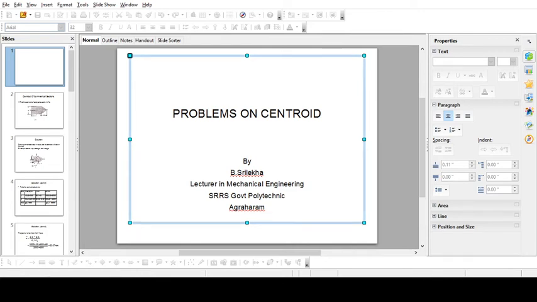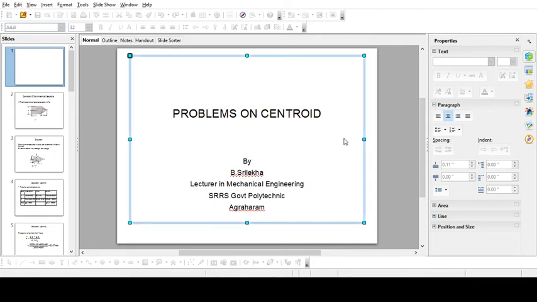Right? Next, so we know that the distance of the centroid from axis OY is x bar equal to 44,160 by 1920. You get a value of 23 mm.